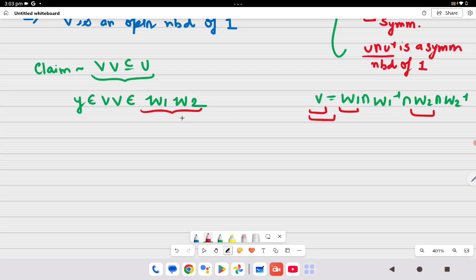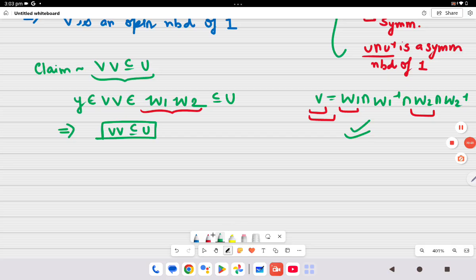And W1 W2, if you remember, by the continuity of the multiplication map, was contained in U. So therefore we get VV is contained in U. So we found a symmetric neighborhood of 1, given by this, such that it is contained in U.